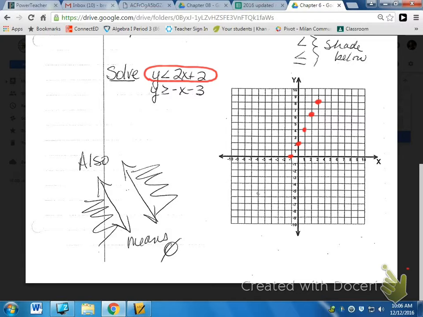And that line, with it being less than, is it dashed or solid? Dashed. So I'm going to go ahead and put a few more dots in before I forget. And I'm going to make a dashed line.